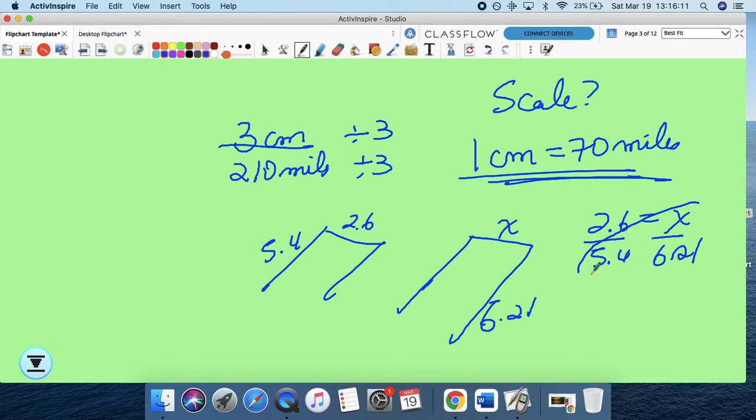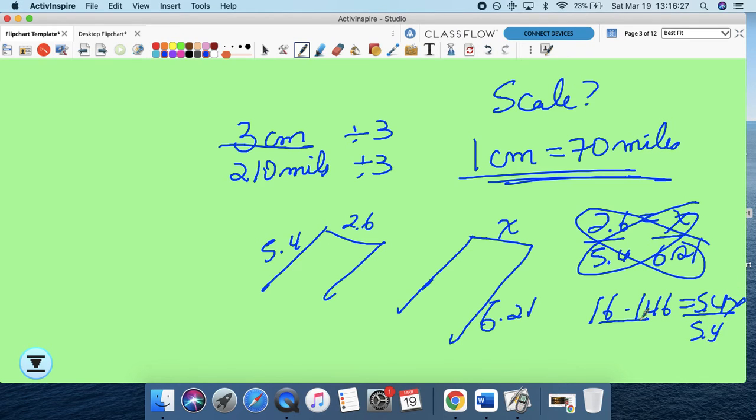We can cross multiply, right? We get 16.146 equals 5.4x. Divide both sides by 5.4. And we get x equals 2.99.